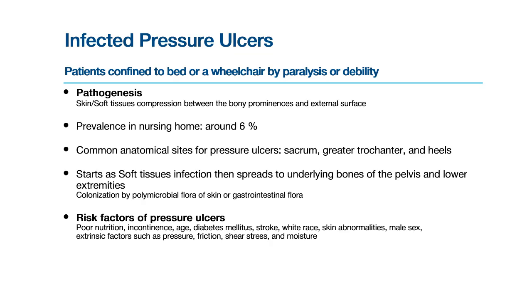So the prevalence in nursing homes is around 6%. And common anatomical sites of pressure ulcers are sacrum, greater trochanter, and heels. As we said, it starts as a soft tissue infection and then spreads to the underlying bone of the pelvis and lower extremities.